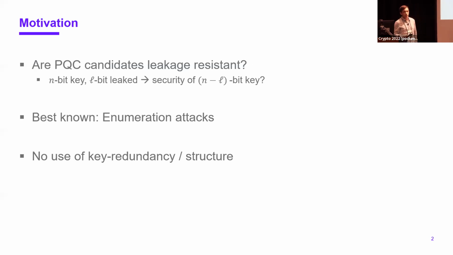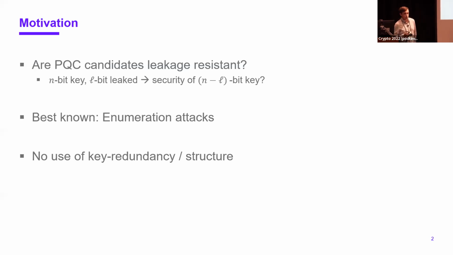In an informal sense, if you have an n-bit secret key and L bits of this secret key get leaked, then we say a scheme is leakage resistant if it offers the security of an n minus L bit key, which is somehow the best you might hope for. And we know from classical schemes like RSA that this is not the case. So why are we asking this for post-quantum candidates?